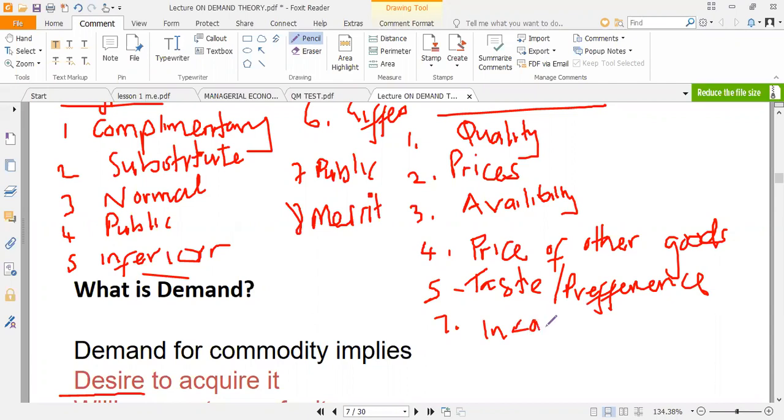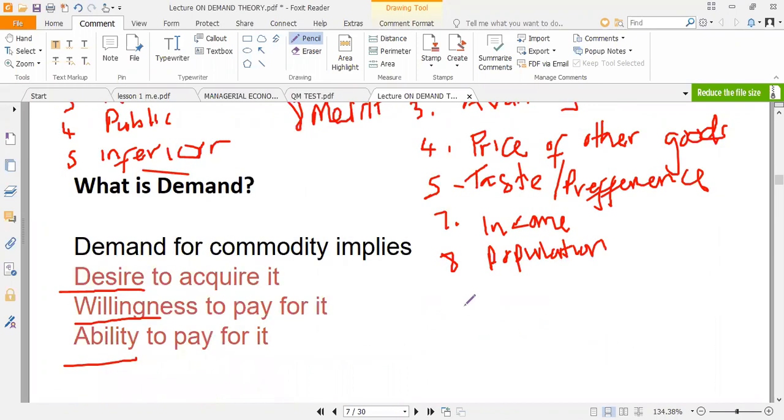The population. What else? The culture or your beliefs. What else? Expectations. If you know that fuel will go up, people will queue up. Expectations. There are many. It could even be 20.